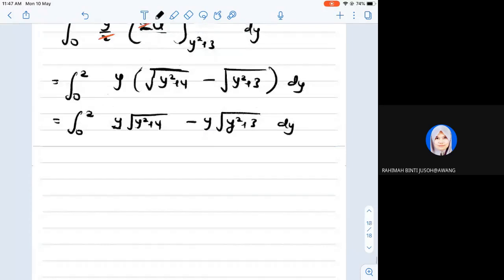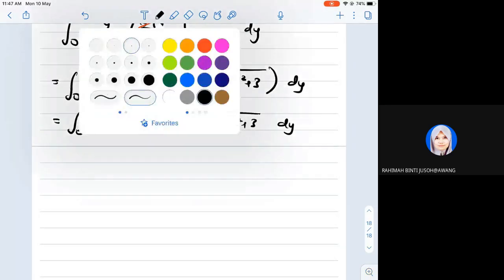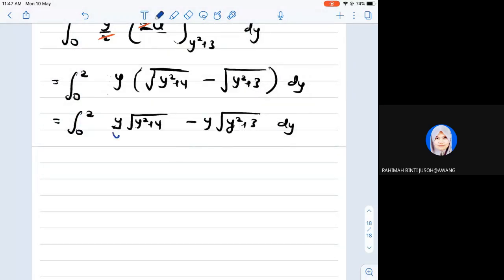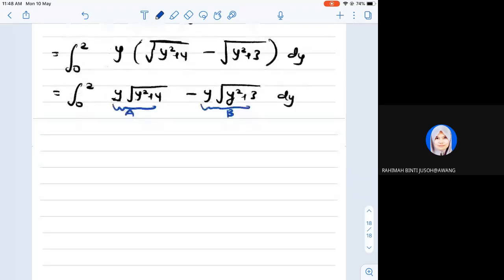Macam tu. So let's say lah kita anggap ini sebagai A dan ini sebagai B. You kena solve satu-satu. Again guna substitution juga lagi sekali. Let's say kita solve for A. Kita buat satu-satu. Solve A. So integrate 0 sampai 2 y.